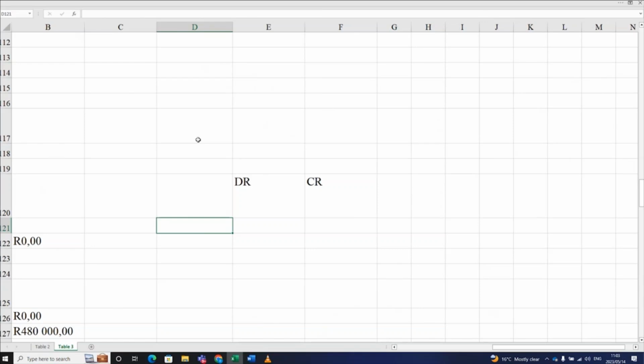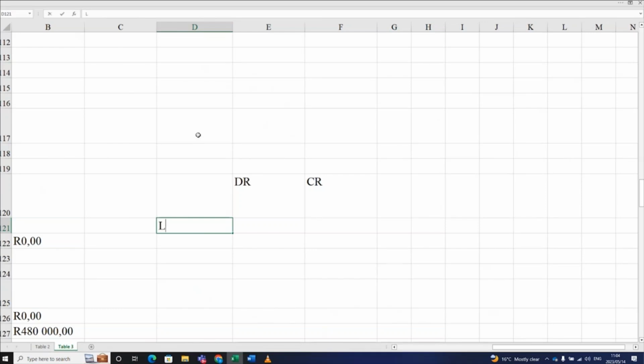So from the perspective of group level, you can't have a transaction with yourself. So you would then have an elimination journal that you would process in that instance.